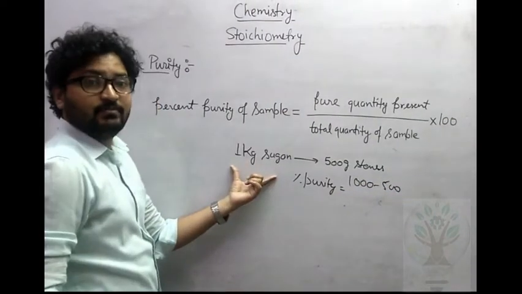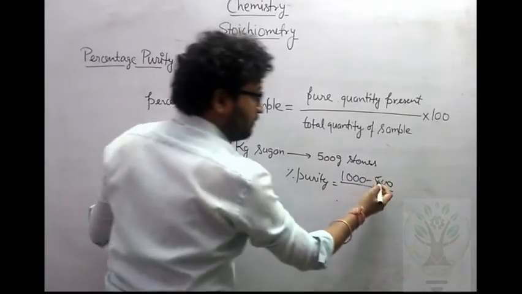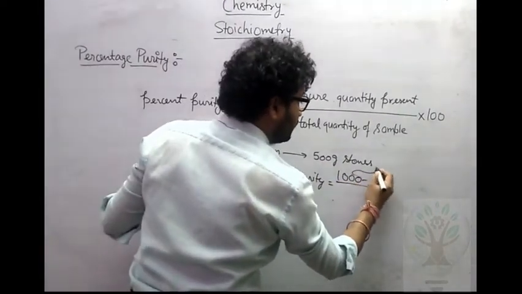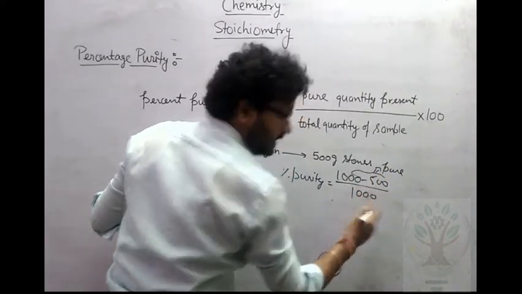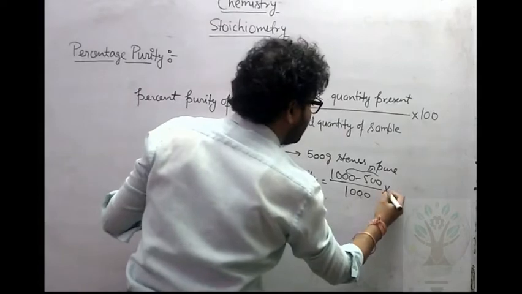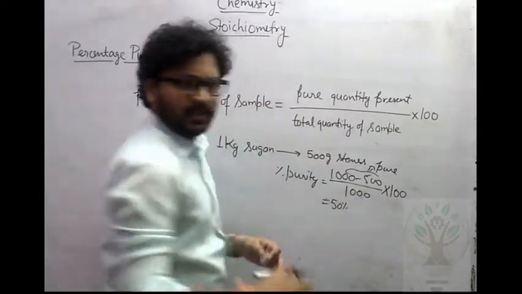What is 1000? 1000 gram of sugar minus 500 gram of stones, this is your pure sugar, divided by 1000, the actual quantity of your sample, multiplied by 100, so it will come as 50%.